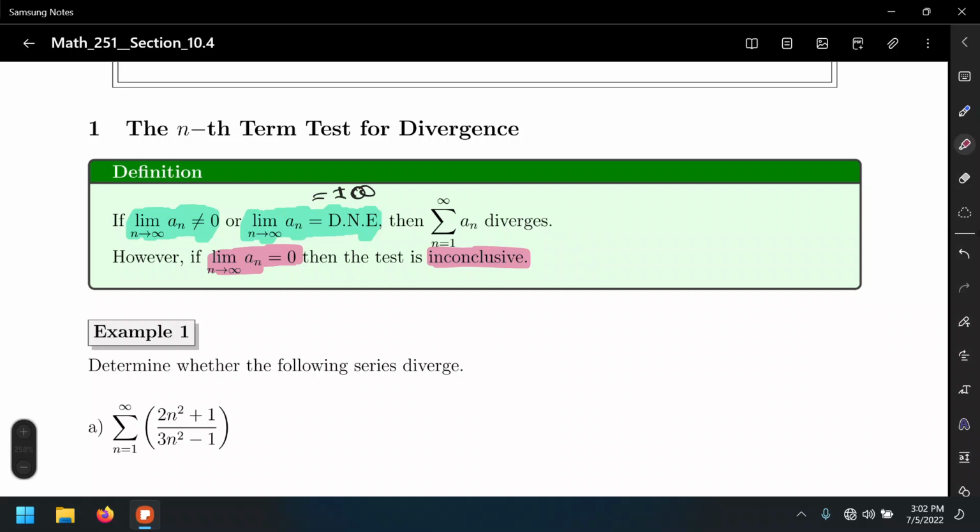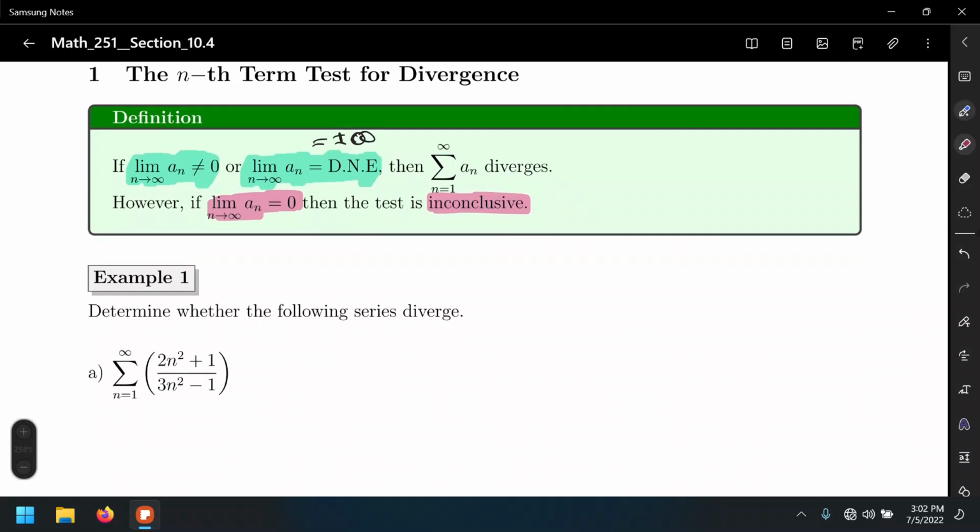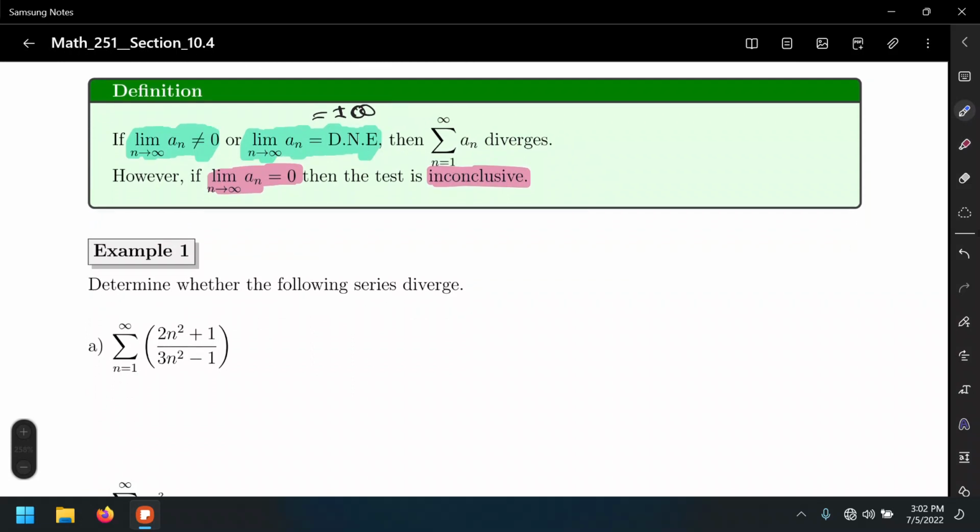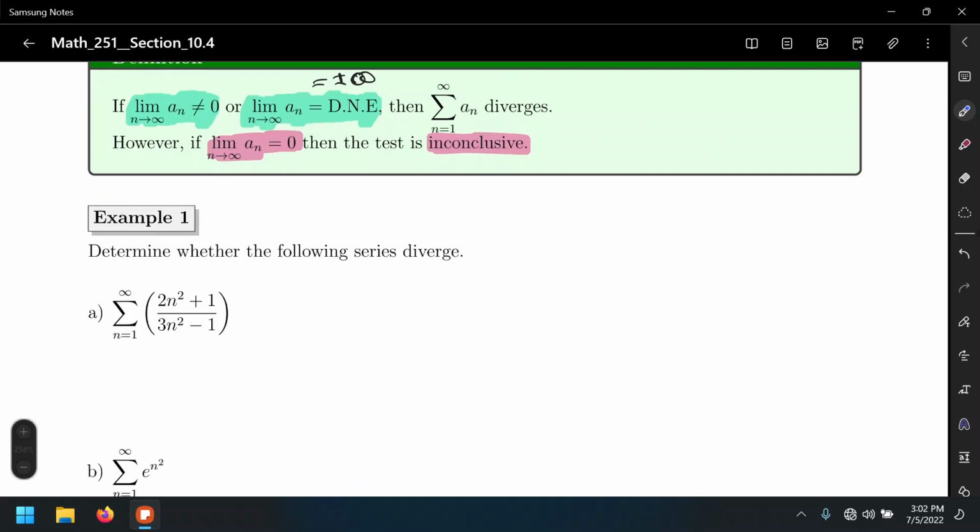We do this test, but for whatever reason one condition is not satisfied, or we get this limit equal to 0, then we have to look for another test. All right. So all we have to do is turn this into a limit problem, find the limit, and from there say whether it converges or diverges based on the value that we get.